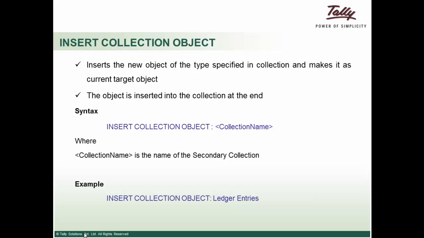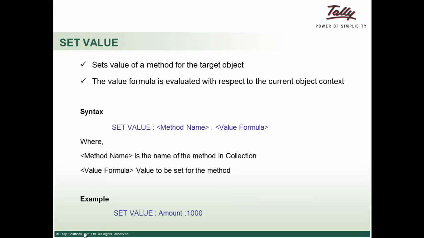For example, if the current object is a ledger and our current context is ledger and we are pushing values, we can have an Insert Collection Object Address to push the details of addresses to this ledger. But this Insert Collection Object Address only moves the focus from the current primary object to the sub collection or the sub object, address.